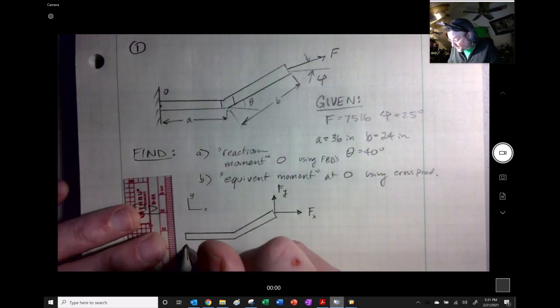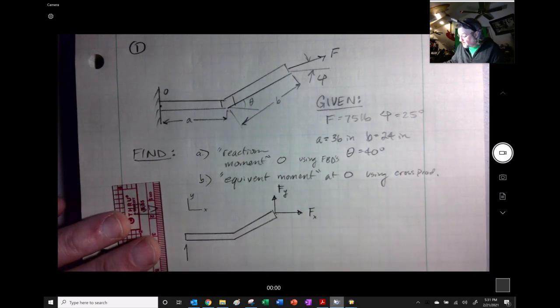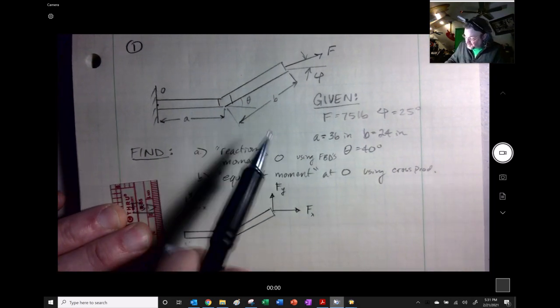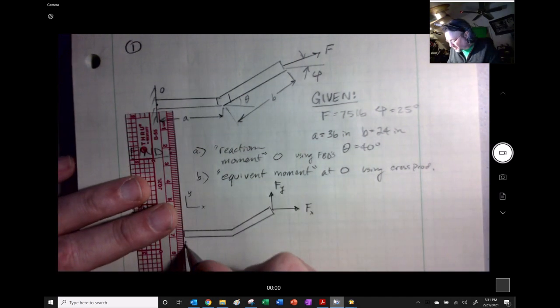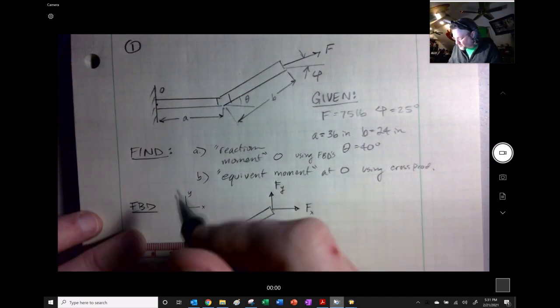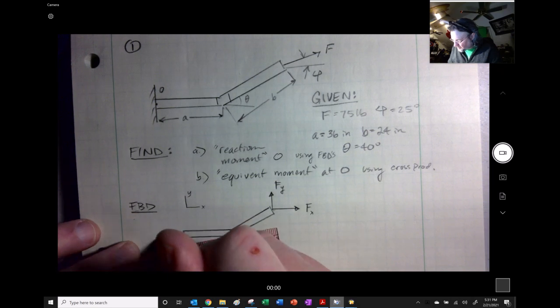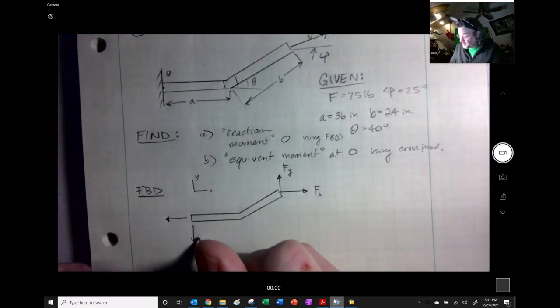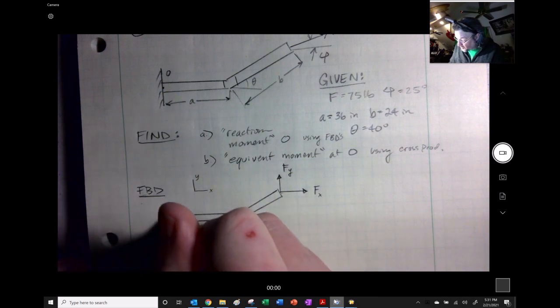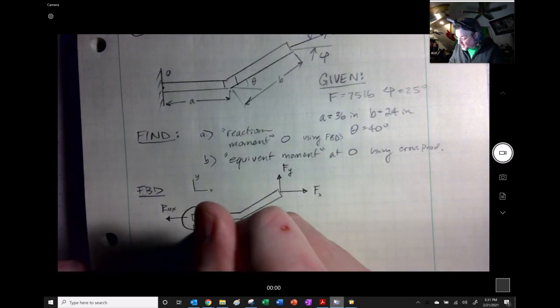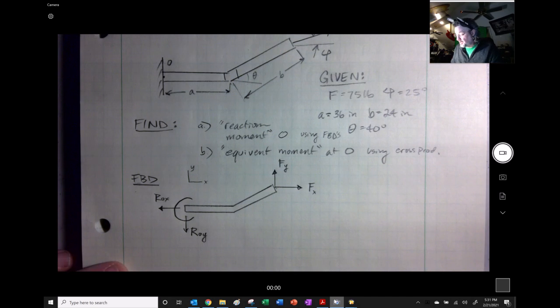It's going to have a reaction. I'll draw the reactions. I didn't ask you for the reaction forces, but we should probably start doing that. You're going to have to do reaction forces and reaction moments, but we'll write them on here. Here's the reaction. This will be the ROY, and here's the ROX. And now I'm going to have a reaction moment in that direction.